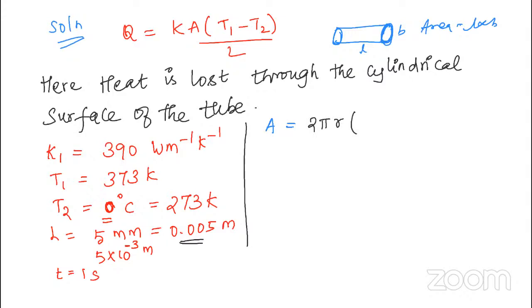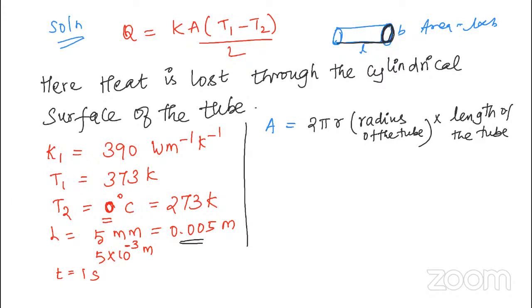Here R is nothing but the radius of the tube, which is multiplied by the length of the tube. Area is calculated by length into breadth, so here we can calculate the circular area as well as the length. So what is the value of A?